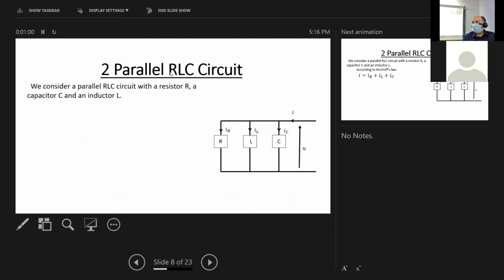Okay, another example is given by electrical laws.